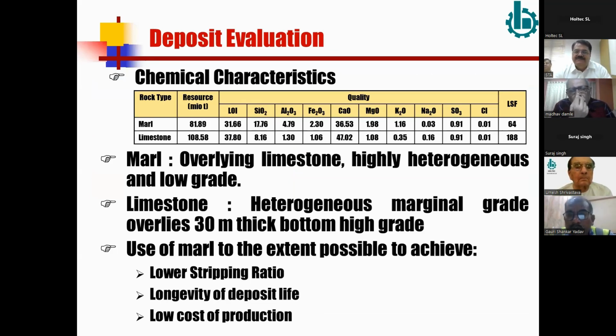Now the challenge here is to use marl and the marly heterogeneous marginal grade limestone, possibly to achieve a lower stripping ratio, longer deposit life, and of course, low cost of production. Because if you take marl and throw it in the dumps, then you can very well imagine what will be its stripping ratio.